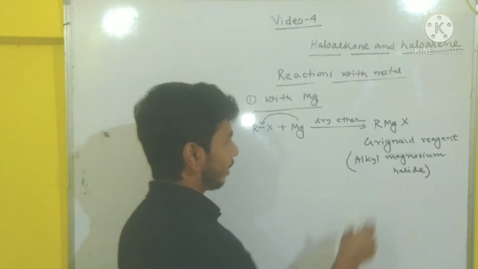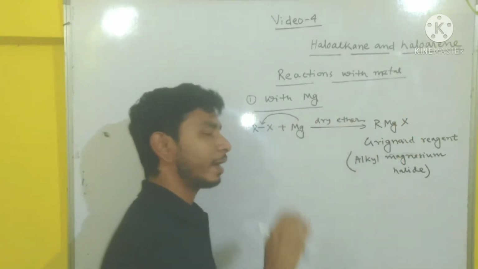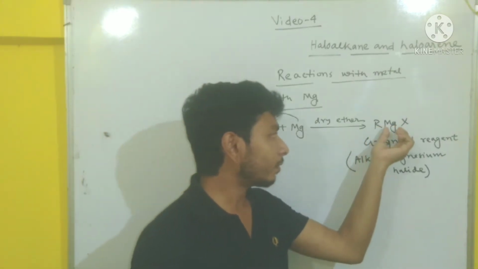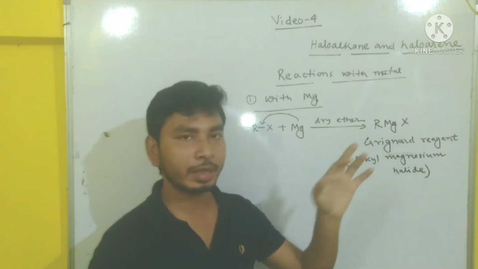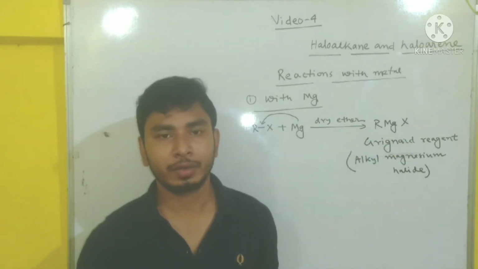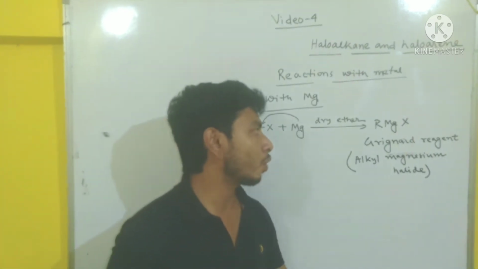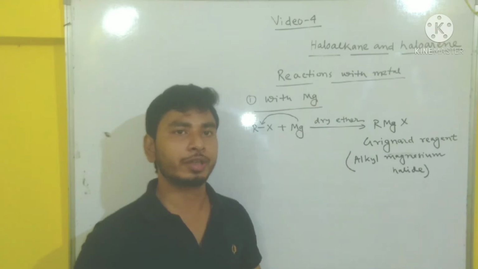Now this alkyl magnesium halide is very sensitive to moisture. If there is a trace amount of moisture, the Grignard reagent gets reacted. We have to store the Grignard reagent under moisture-free condition.